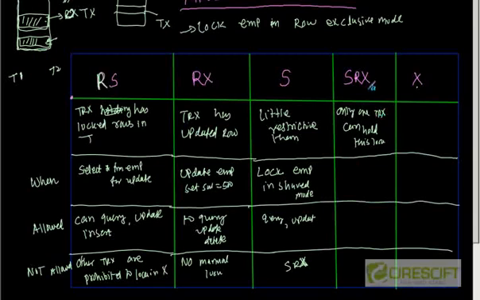But in case of an SRX lock, only one transaction can hold this lock on the table. No other transactions are allowed to do anything. This happens whenever we lock EMP in SRX mode. This SQL statement is going to lock it in SRX mode.